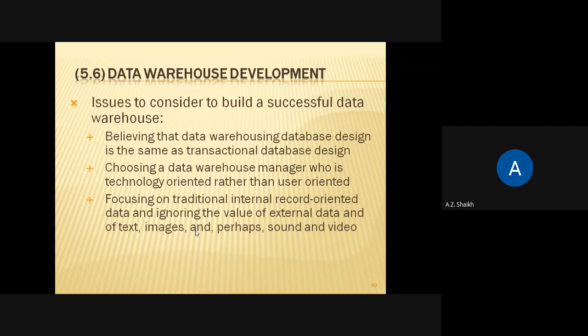The process of transformation converts the different types of data into the required form which we want to store in the data warehouse. So here we are focusing on traditional internal record-oriented data and ignoring some external data which is in another form. And if we know that it is important, then the transformation converts it into the required form and then it is stored into the data warehouse.